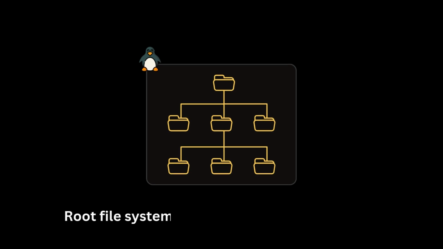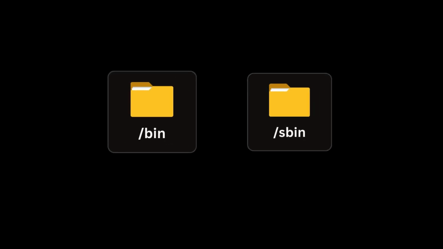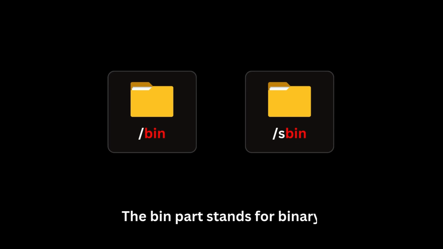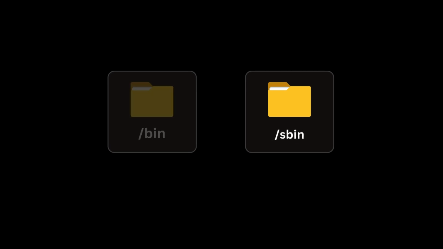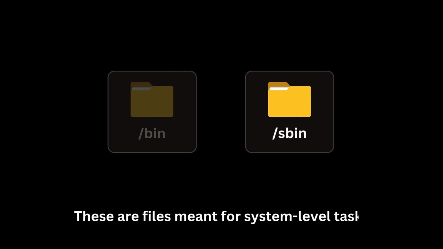Now, let's take a look at the root file system and the key directories in Linux. First, we have /bin and /sbin. The bin part stands for binary, which means executable files. Adding the S in front, just like in sbin, indicates system binaries. These are files meant for system-level tasks.